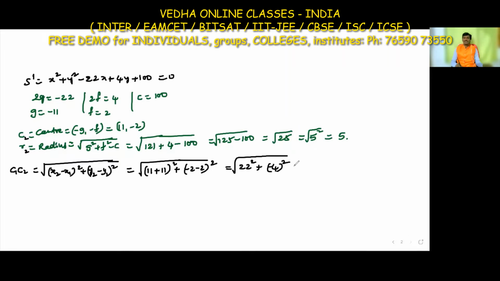What is 22 square? It is 484, and 4 square is 16. So 484 plus 16, how much is it?